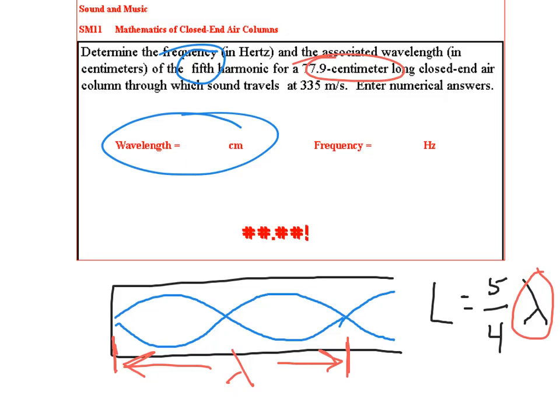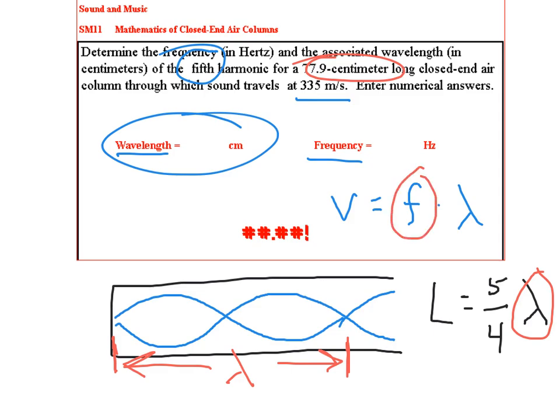And once you have the wavelength, then you can use the wave equation to relate the speed and the wavelength and the frequency. So the wave equation says that the speed of any wave is the frequency multiplied by the wavelength. So again, what you have is an algebrated version of what you really need. You're going to be solving for the frequency.